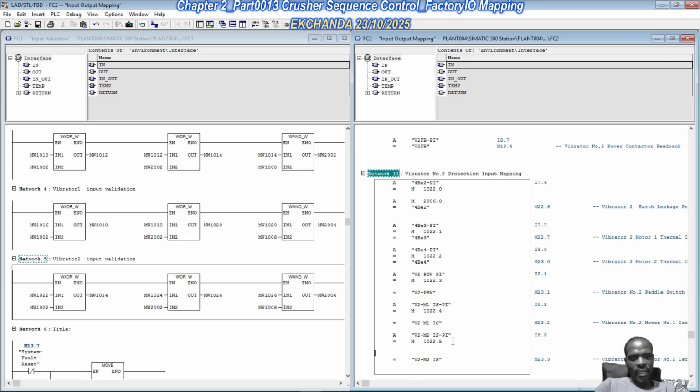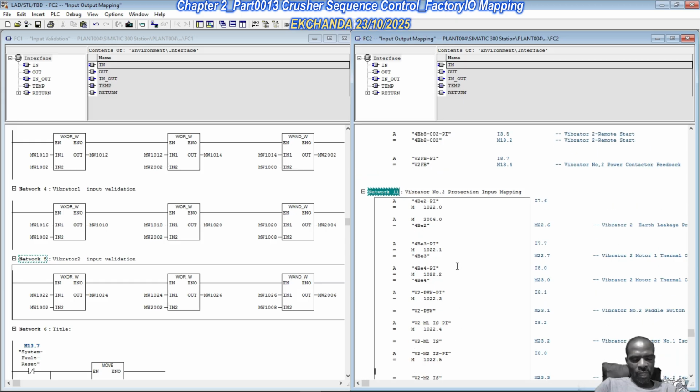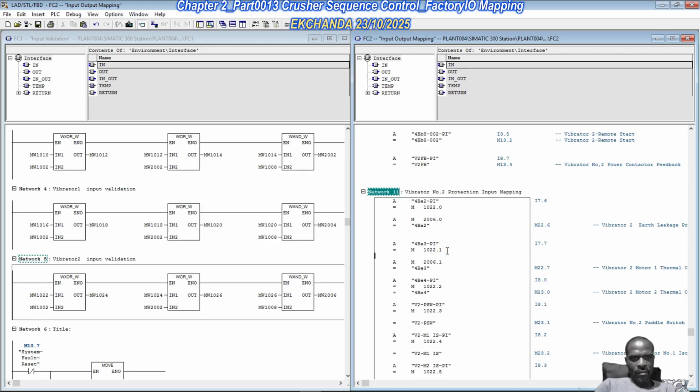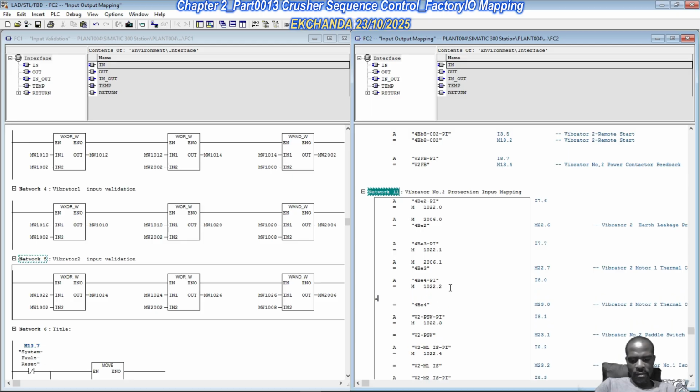I've shown you the way this has been done. I just want to quicken up the process. So this is, remember, 2. So same thing. I'm really not doing anything extraordinary.